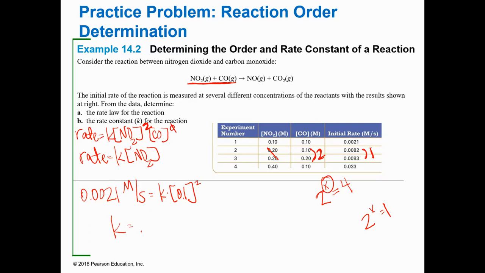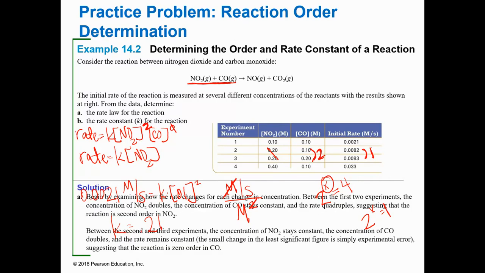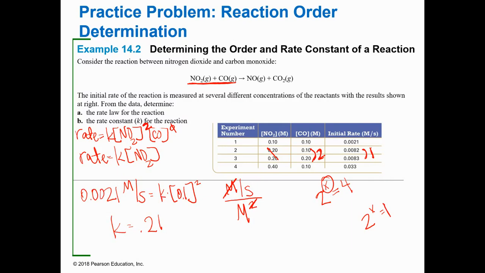So k is 0.21. My units originally were molarity per second, and then I divided by molarity squared. From unit analysis, I can cross out one molarity because they're the same on top and bottom. So left, I have seconds on the bottom and a molarity on the bottom.